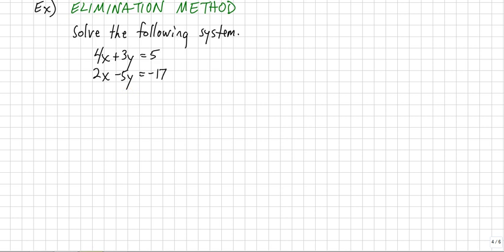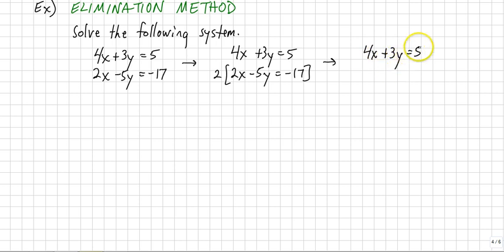The way we do this is we're going to take the second equation and multiply it by negative 2. So I'm going to take negative 2 times the second equation, and the first equation I'm just going to leave alone.